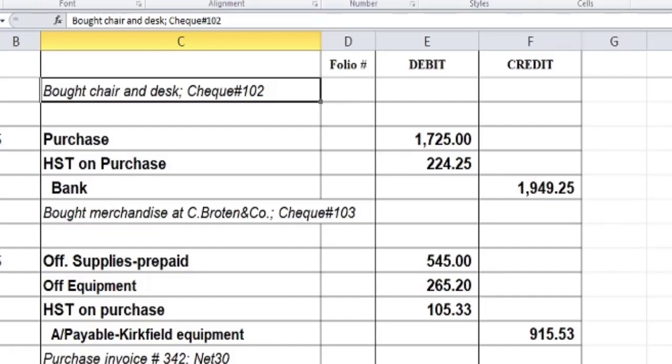Office supplies prepaid will be debit. Office equipment will also be debit. Then HST on purchase for debit. And then accounts payable Kirkfield Equipment will be credit. So 545, 265.20, 105.33, and then 915.53.